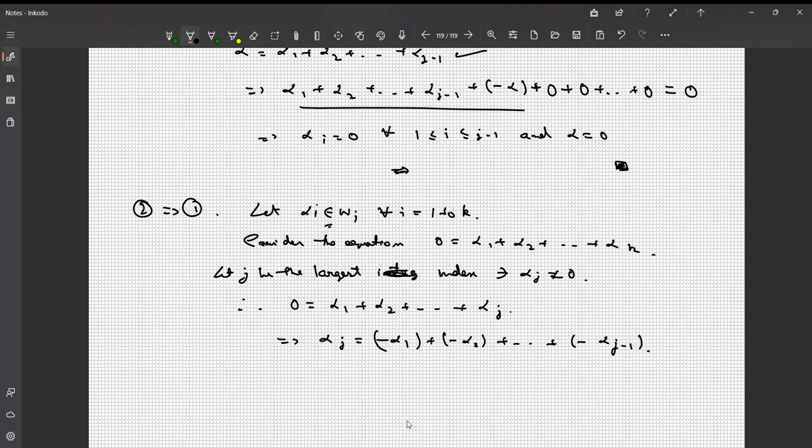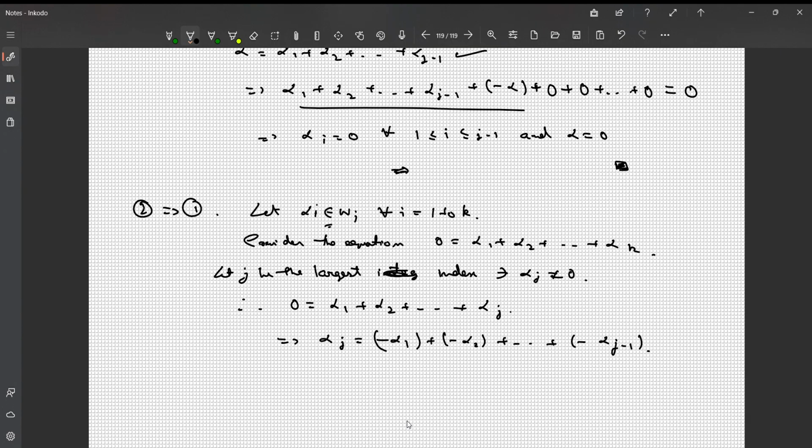Is it clear? Okay. So what we had to prove is that the Wi's are independent, right?